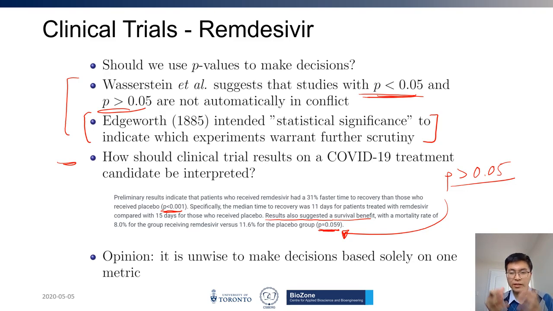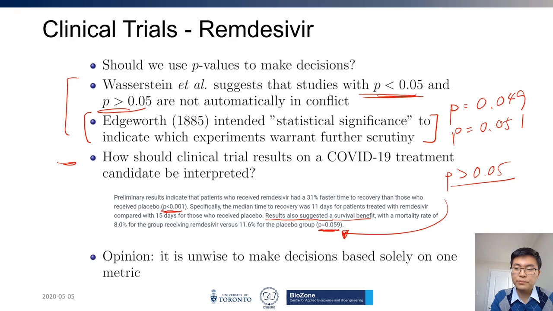And so this issue becomes even more relevant around the margins, right? So what is the difference really between p equal to 0.049 versus p equal to 0.051, right? What is this cutoff? What is the difference?